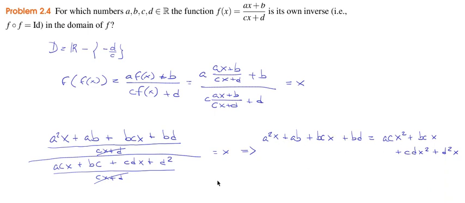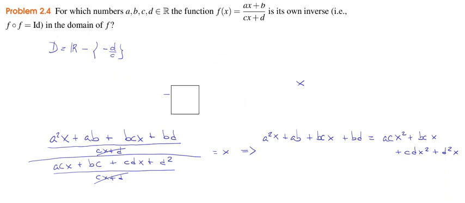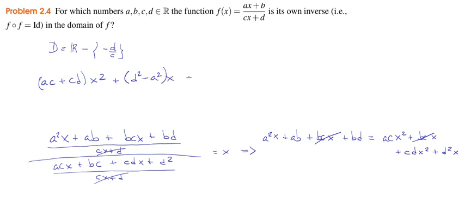We have ac plus cd multiplying x squared, and then bcx and bcx go away, so we have d squared minus a squared times x, and then minus ab minus bd, equal to 0.